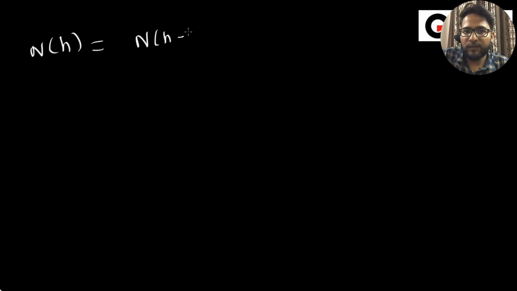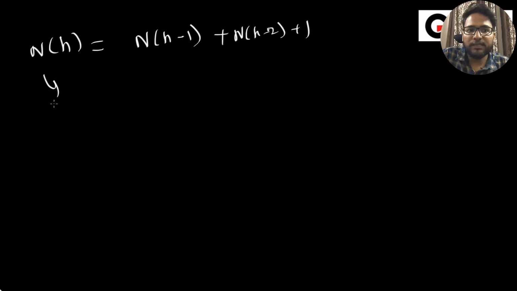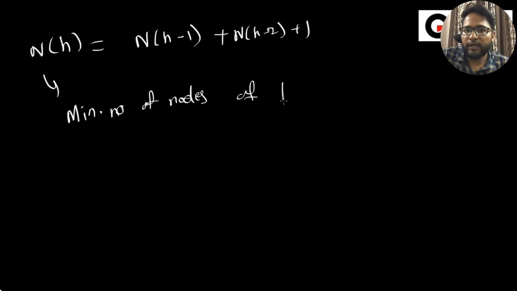So now I have the formula, which is nh equal to nh minus 1 plus nh minus 2 plus 1, where nh is the minimum number of nodes of height h, isn't it? I hope you got it.